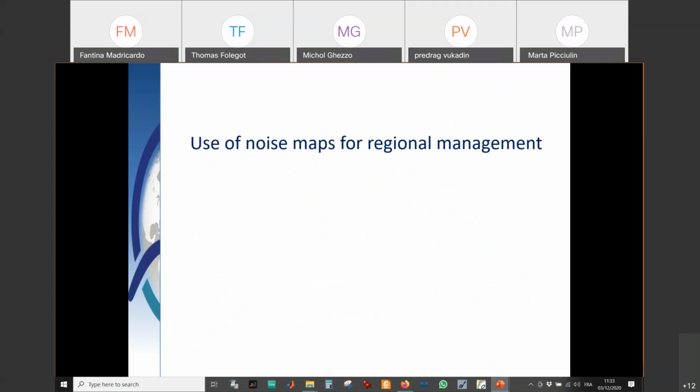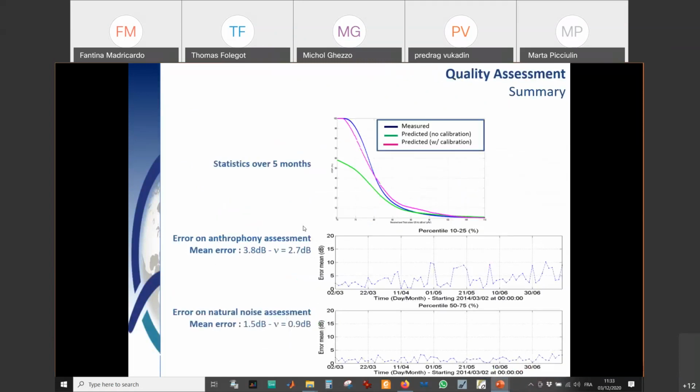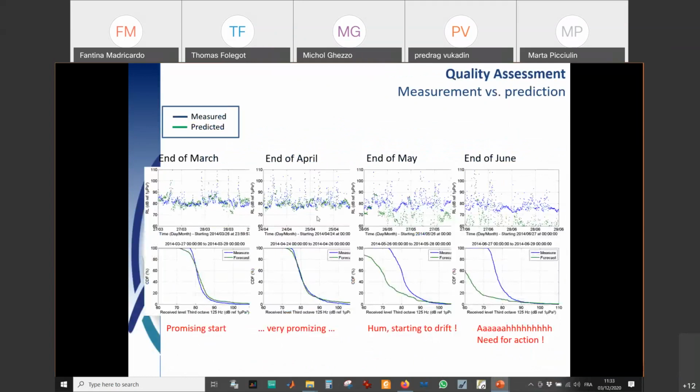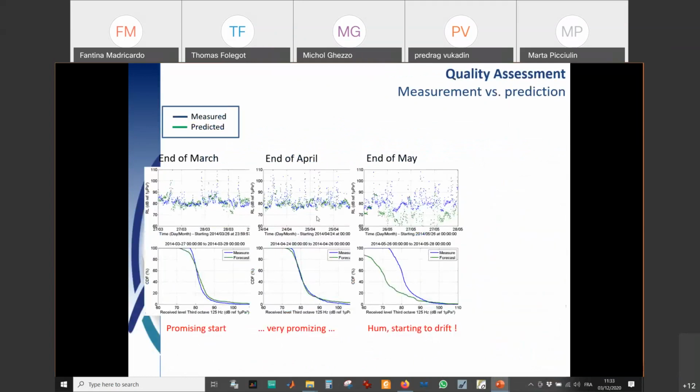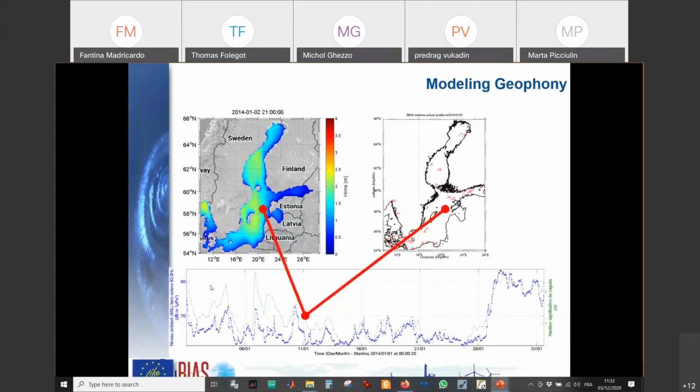Can you go back to the wave noise? When you estimate the noise produced by waves of a certain height, you were working in the Baltic Sea.